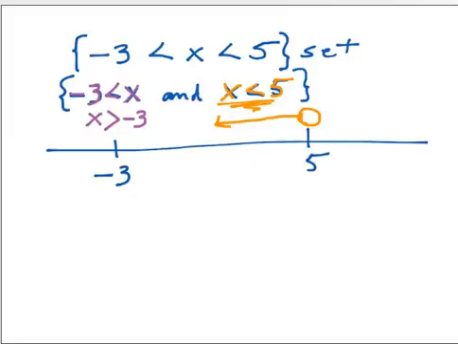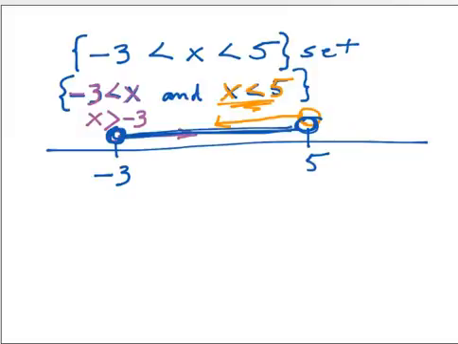Well, the numbers bigger than negative 3 are this way. Again, it does not have an equal sign, so we do not color in the circle. So now we know that the answers are between here and here. Those are all the answers.